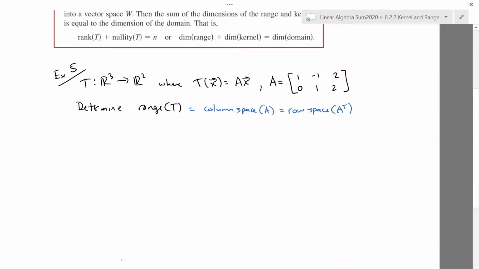Okay, so we're going to find the column space of A by looking at the row space of A transpose. So what is A transpose? This is the first column, so 1, -1, 2, and this becomes the second column, so 0, 1, 2. Then to figure out the row space, I take the row reduced echelon form.